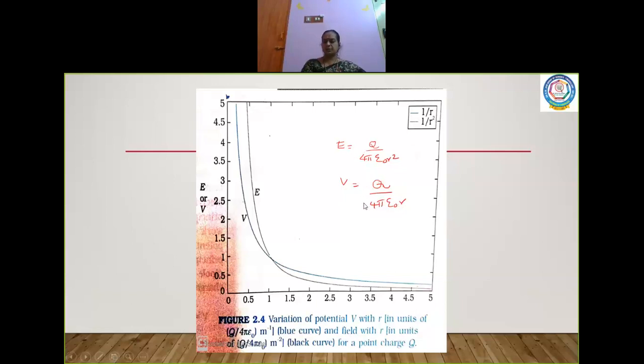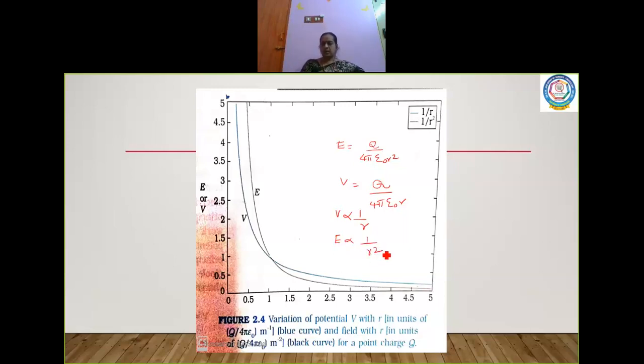Now how does the potential vary? We know the value of 1 by 4 pi epsilon naught is constant, it is 9 into 10 power 9. Q also will be constant. So we can say that the potential depends on the distance, and the electric field also depends on the distance.